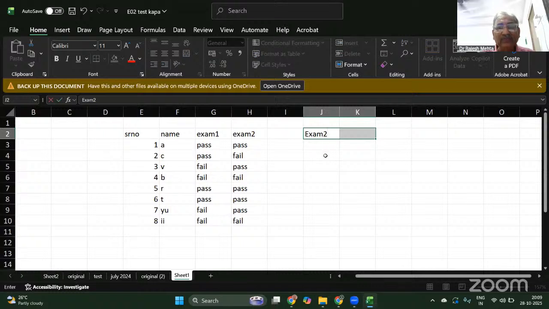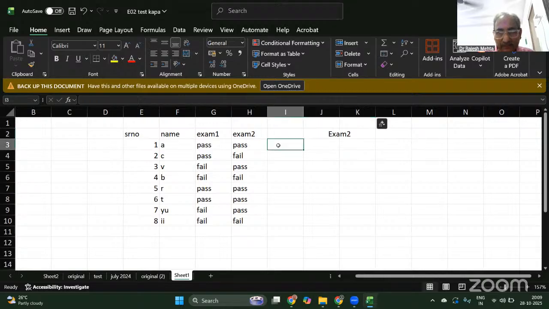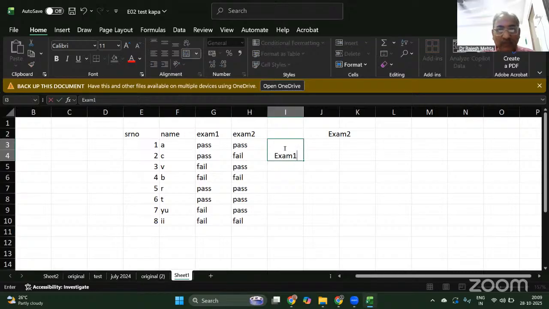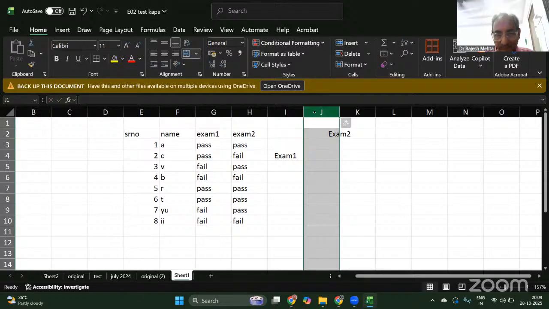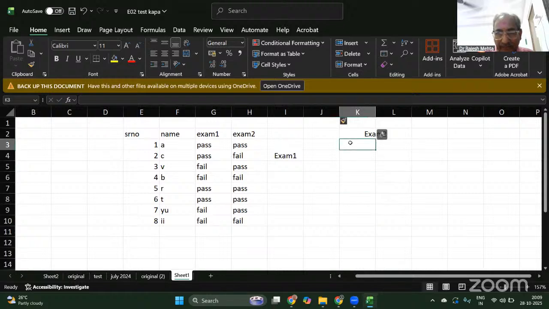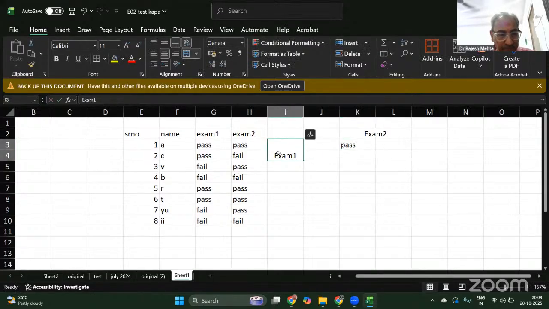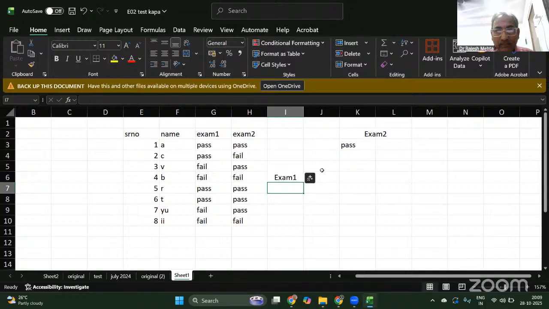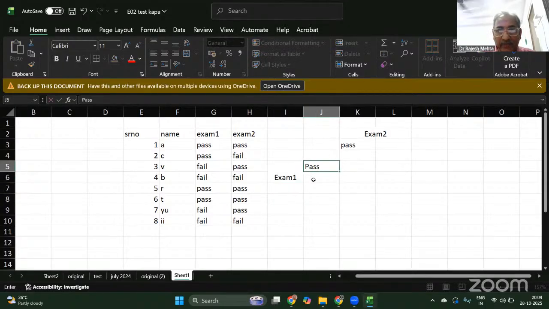Examiner two, and here examiner one, says pass, and pass and fail.